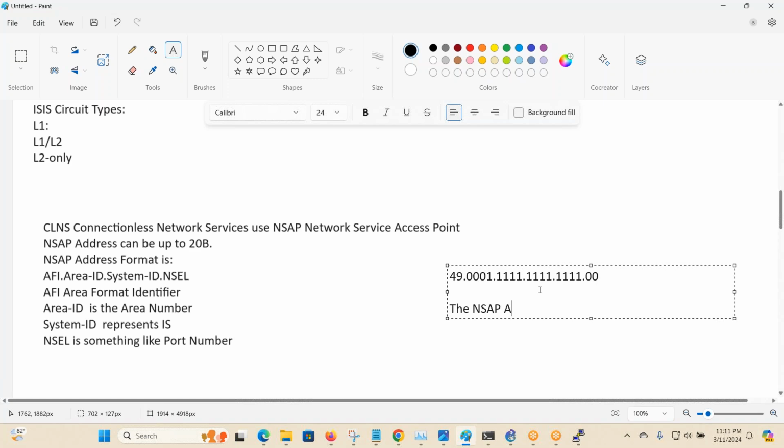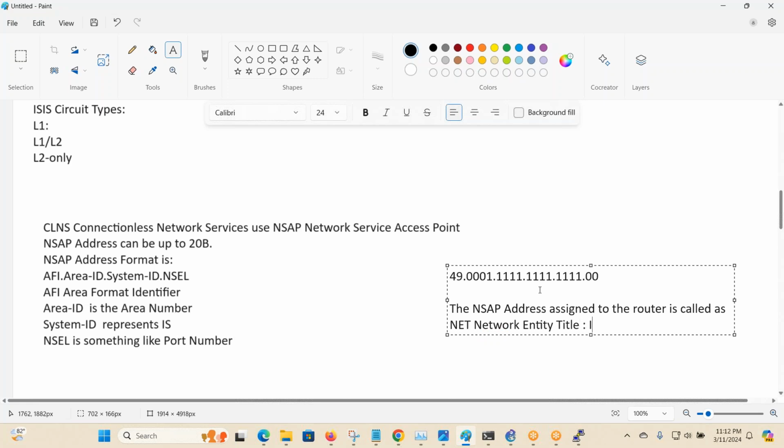The NSAP address assigned to the router is called the NET, Network Entity Title.